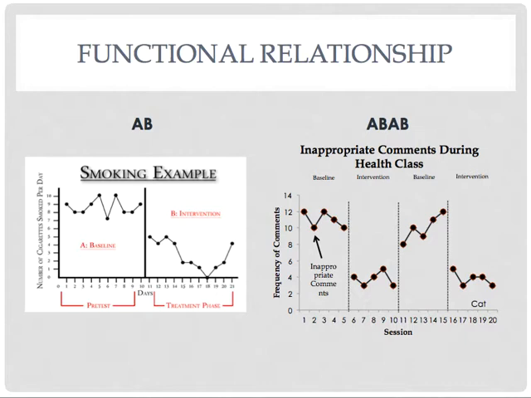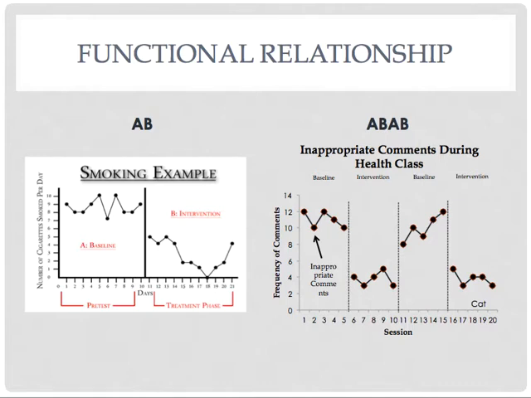Now look over at the other graph. Let's look at the AB withdrawal graph. And we're looking at the frequency of inappropriate comments during health class. If you look at baseline, you can see that the participant had a range of 10 to 12 inappropriate comments in baseline. Now, when the individual received the treatment in the intervention phase, the frequency of comments decreased down to, that looks like 3 to 5, a range of 3 to 5 comments.